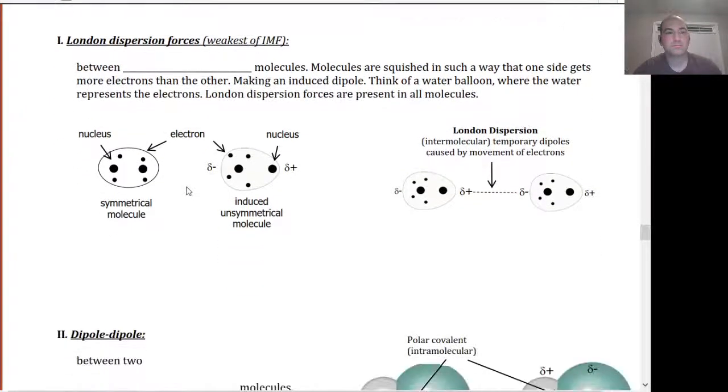All right. So the first, weakest type of intermolecular force are the dispersion forces. These go by a few different names. Sometimes they're called London dispersion forces, sometimes induced dipole forces, and sometimes just dispersion forces.